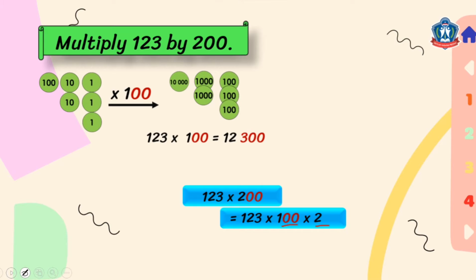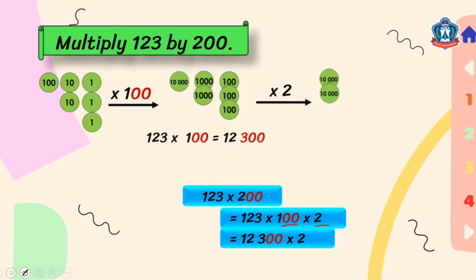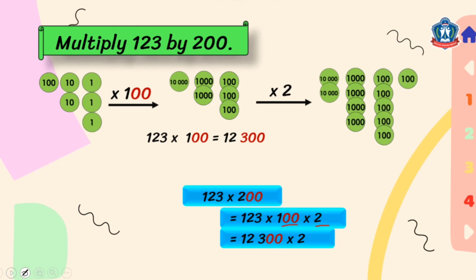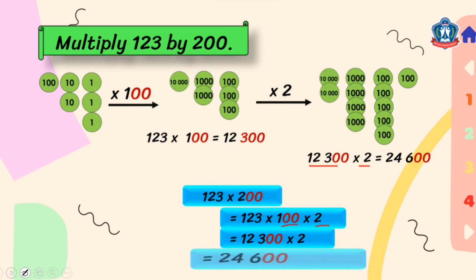Then 12,300 multiplied by 2, and the answer is 20,000, then we have 4,000 and we have 600. So 12,300 times 2 is 24,600. So again, the answer is still the same.